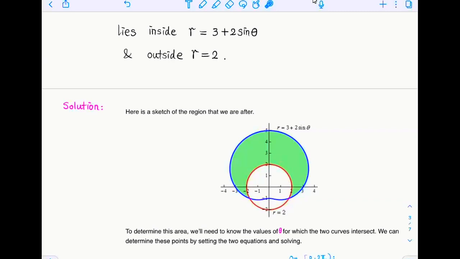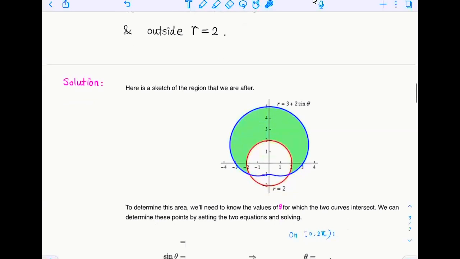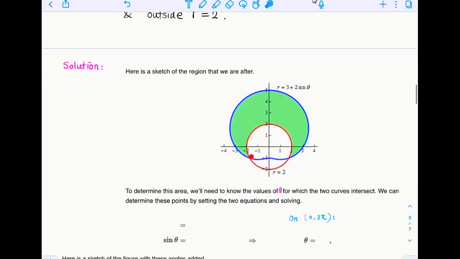Now to determine this area, we first need to find the intersections here and here. So we want to find out what theta corresponds to this point and this point. How do you find theta at this intersection?